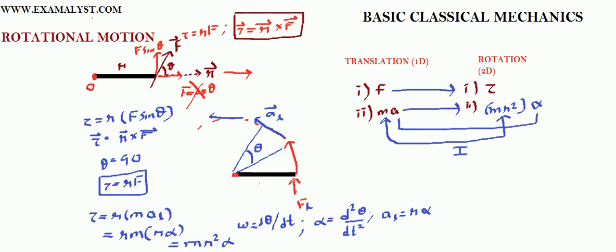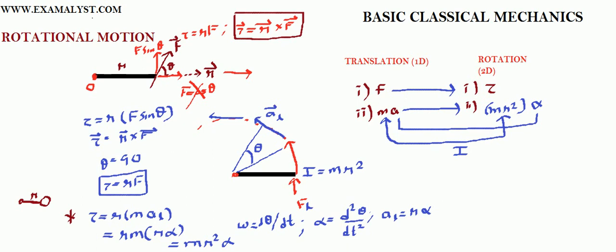So in this case, what is the value of I? In this case, please don't say the value of I is m r square. It would be completely wrong, because this particular derivation is valid for some object that is exactly at a distance r. Okay, and there is a string.